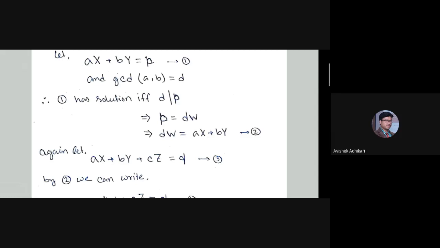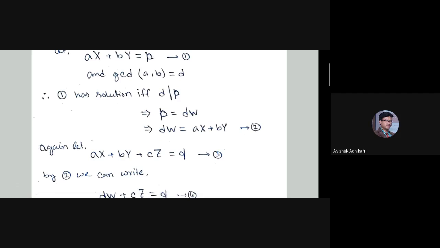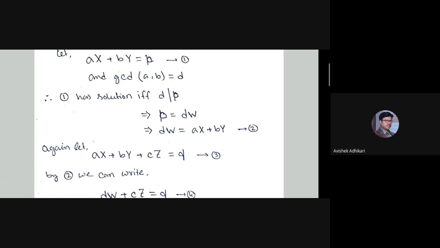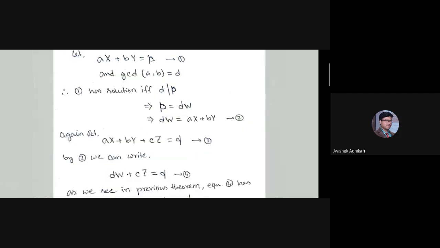So p can be written as d times some integer w, and dw equals ax plus by, equation 1. Again let ax plus by equals cz equals q. By 2 we can write dw plus cz equals q, where we replace ax plus by with dw.